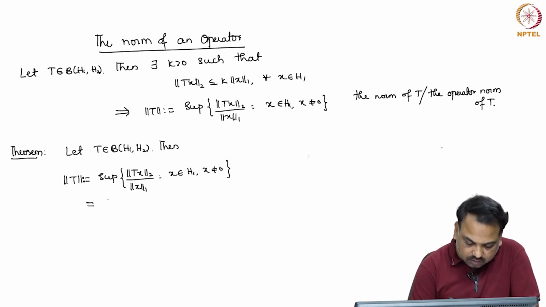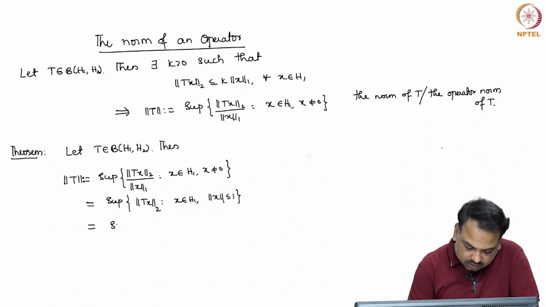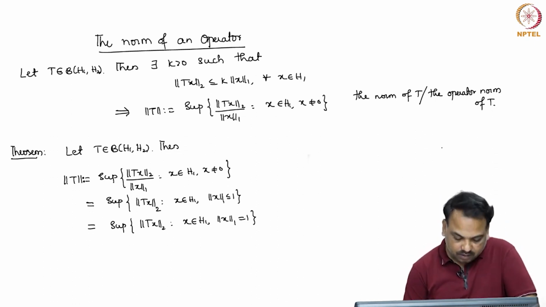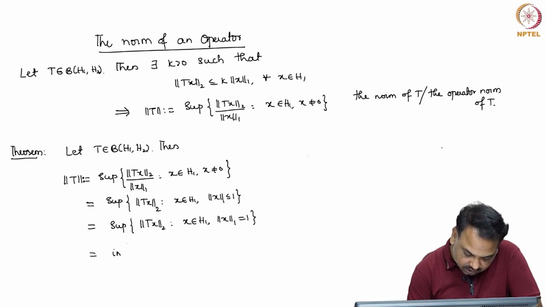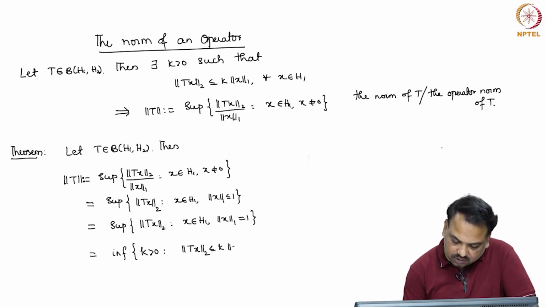And this is also equal to the supremum of norm Tx, x in H1, norm x less than or equal to 1, and again this is equal to the supremum of norm Tx, where x is coming from H1 and in this case norm x is 1, and again this is equal to the infimum of K bigger than 0 such that norm of Tx is less than or equal to K times norm x for every x in H1.